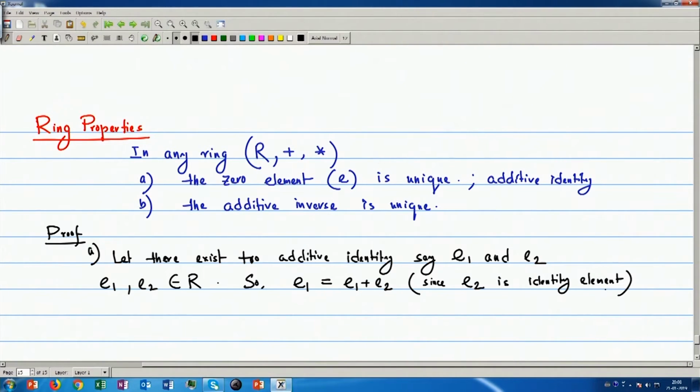Similarly, I can write e2 equal to e2 plus e1, since e1 is the identity element.